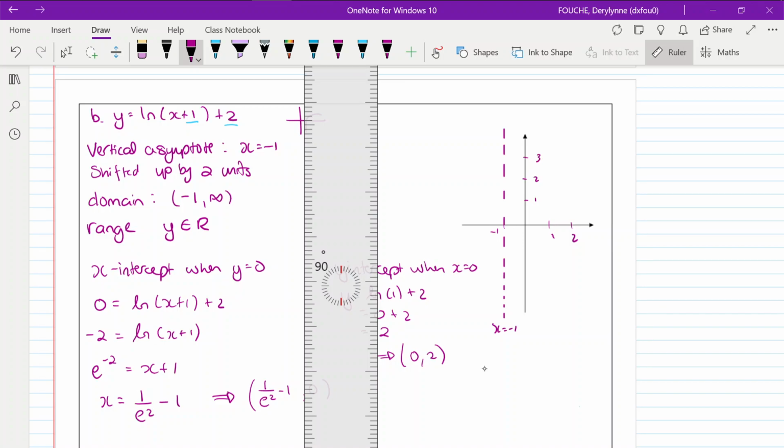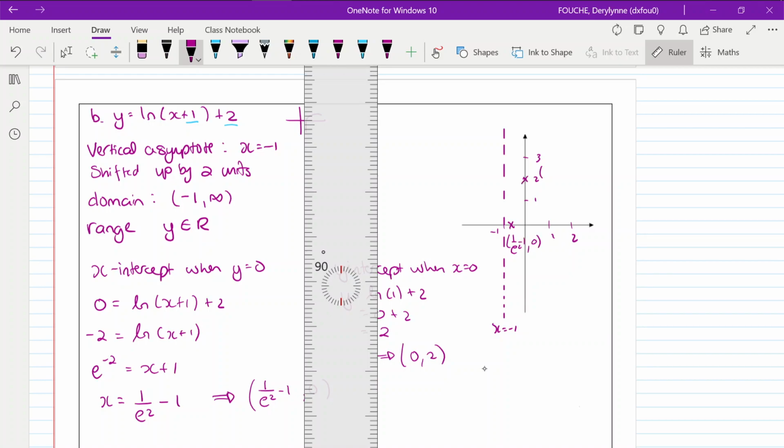Okay, and e squared is around about 5. So 1 over 5 is around about 0.2, minus 1 is about -0.8. Okay, that just gives me an idea of where to put it. I'm going to use my exact value there anyway, so 1 over e squared take 1 and 0.